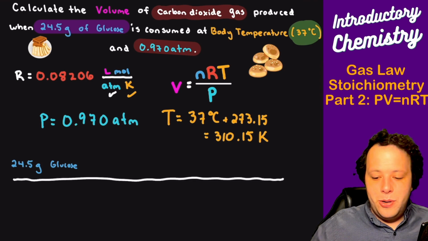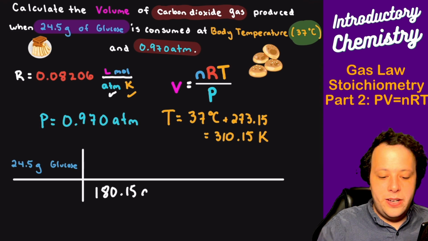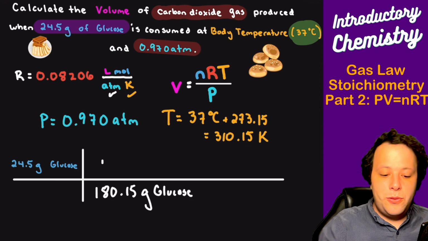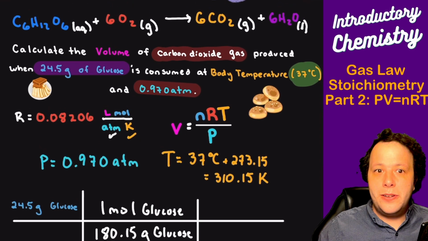So if we were to do the same step as before, from our previous problem, we'll divide this by the molar mass, which was 180.15 grams of glucose. And that's equivalent to 1 mole of glucose. And now what we're going to do is get it to moles of CO2 using our chemical equation, right?